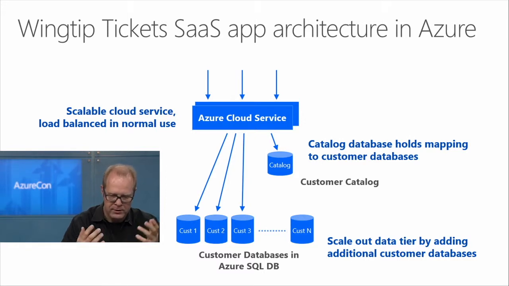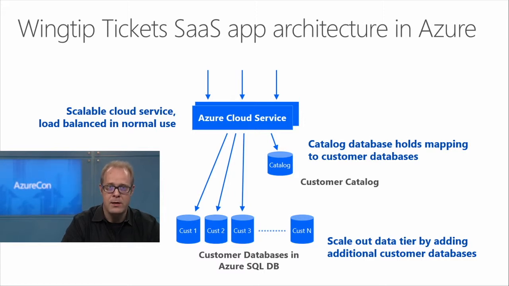And if you look at this picture here, it's fairly straightforward, fairly easy to scale these applications. So first of all, if you need to scale the cloud service itself, you can do that through using auto-scaling for the cloud service. If you look at the data tier, you already see me showing on this slide multiple databases.